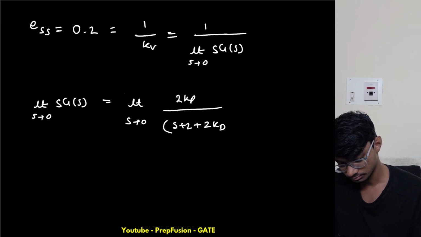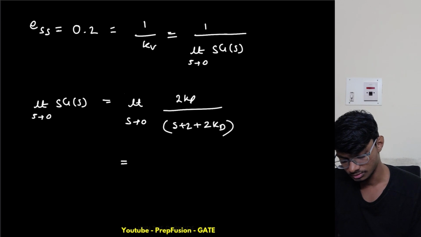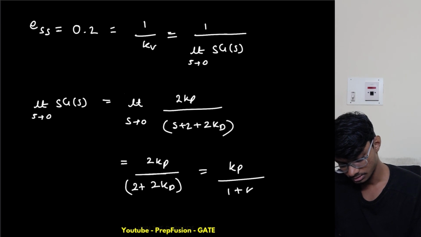So what is this at s equal to 0? This is simply 2Kp by (2 plus 2Kd), right? So this is, sorry, not equal to 0, this is basically Kp by (1 plus Kd).